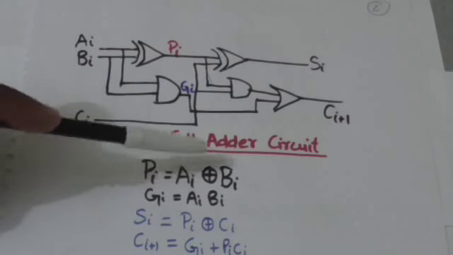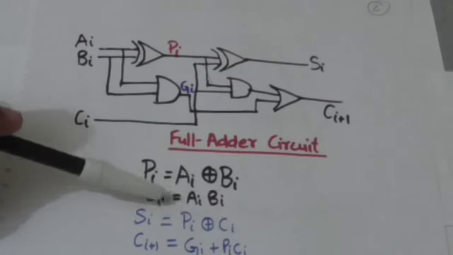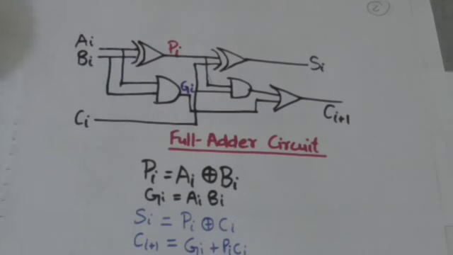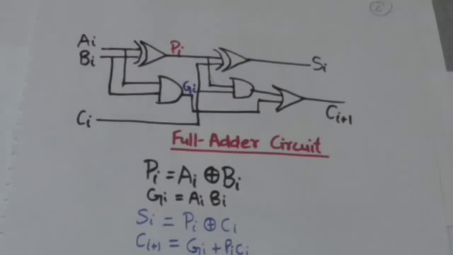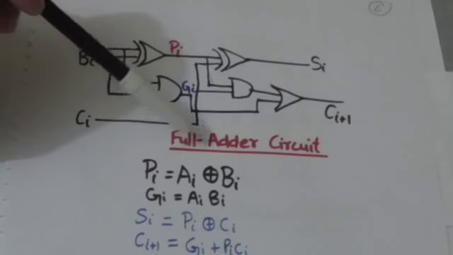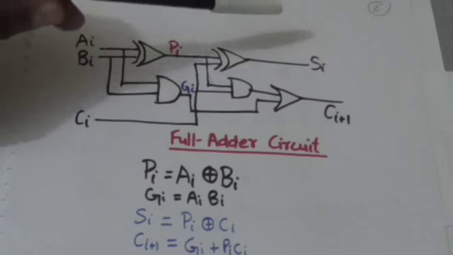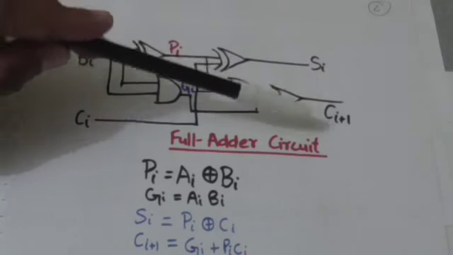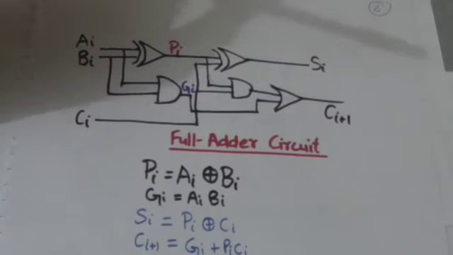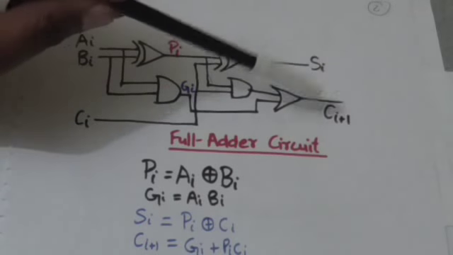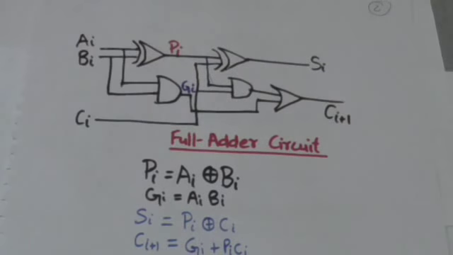Pi equals Ai XOR Bi and Gi equals Ai AND Bi. Now this full adder has two output variables Si and Ci plus 1. Si represents the sum bit and Ci plus 1 represents the output carry.